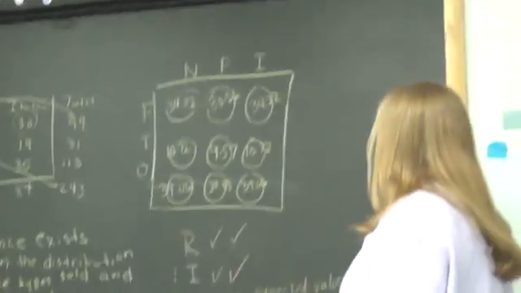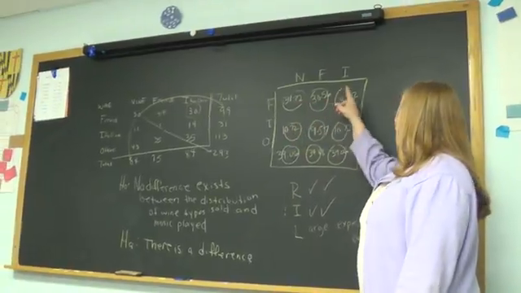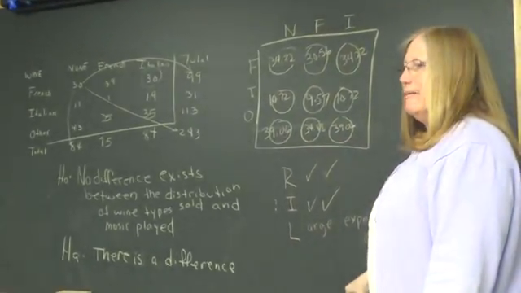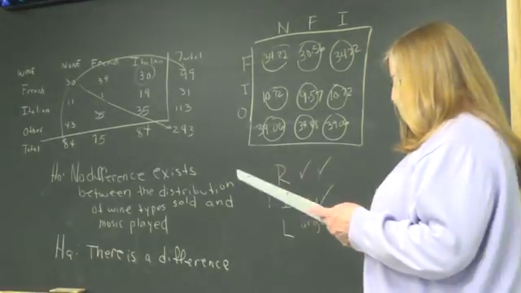Greater than or equal to 5. All the expected values have to be greater than or equal to 5. So on this chart, you'll see, Allie, that everything was greater than 5. So we have to check that. So a new thing to check.